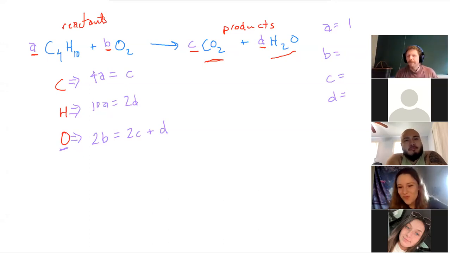Bear with me. Now let's think about this. What we are doing is we're giving a value to that letter right there. If I put A equals 0, how many C4H10s would I have? 0.